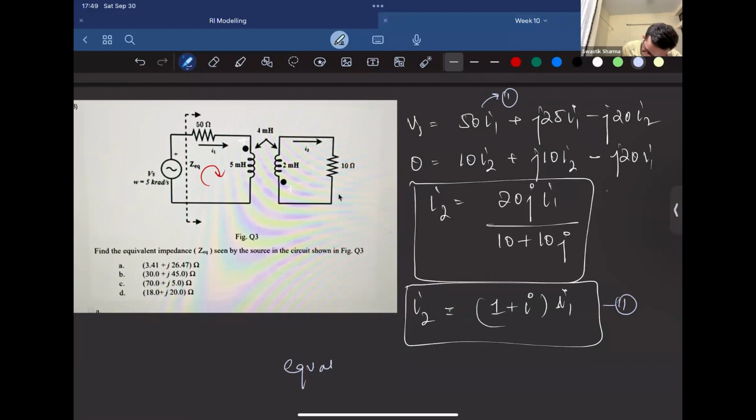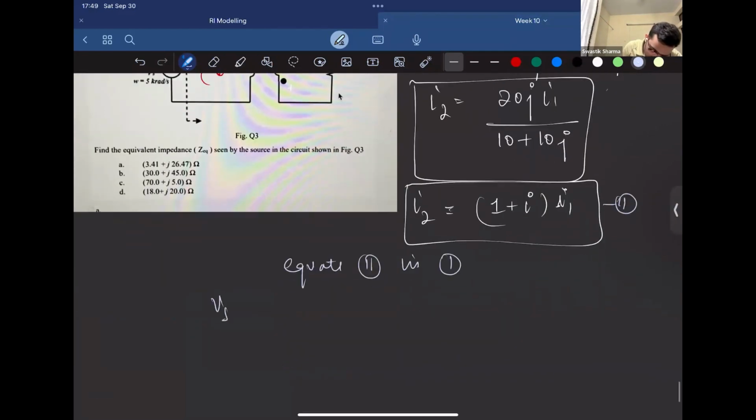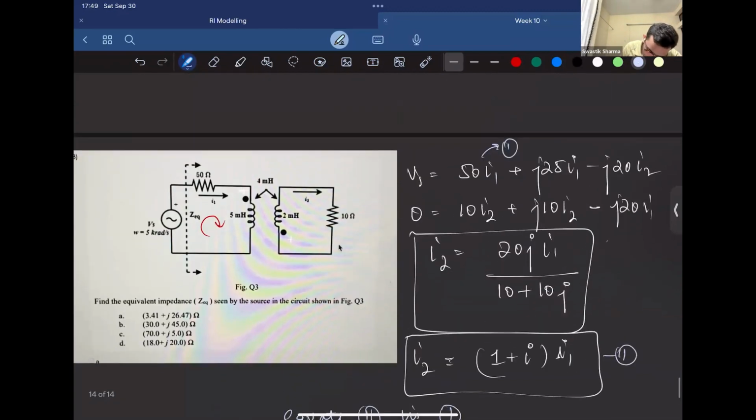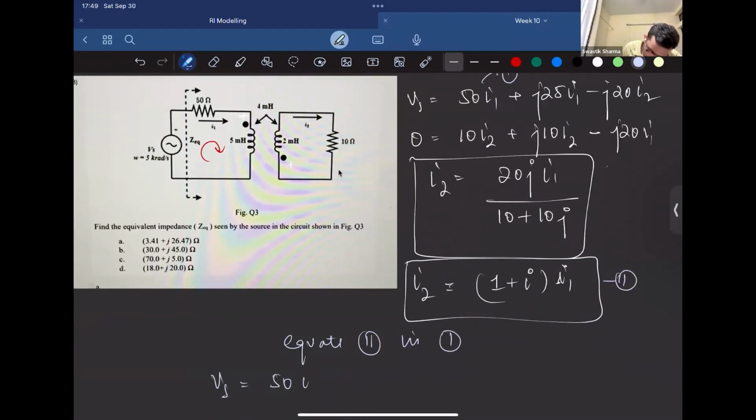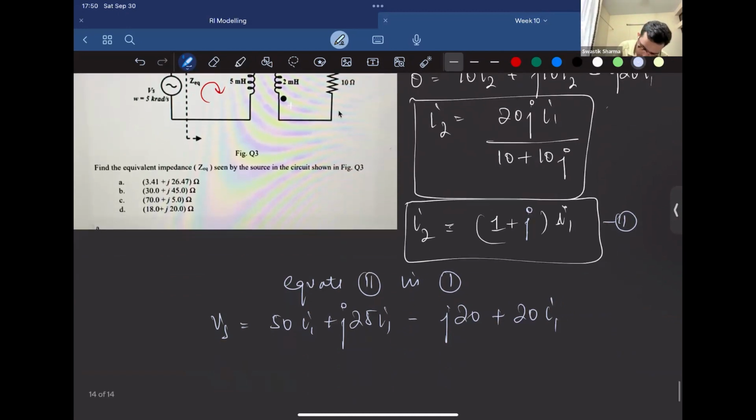Equate 2 in 1. What happens is Vs is nothing but 50 times I1 plus 25 times I1 j minus j20, and minus j and j are negative. This would be plus 20 I1, right?